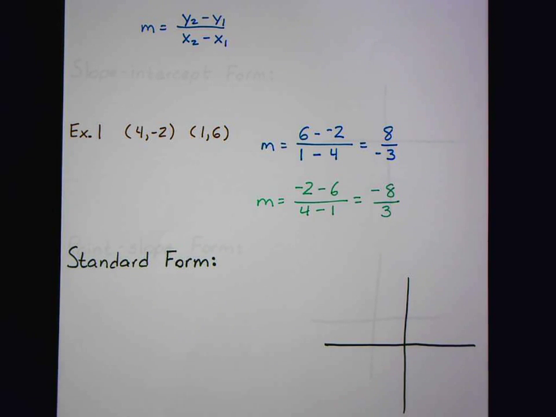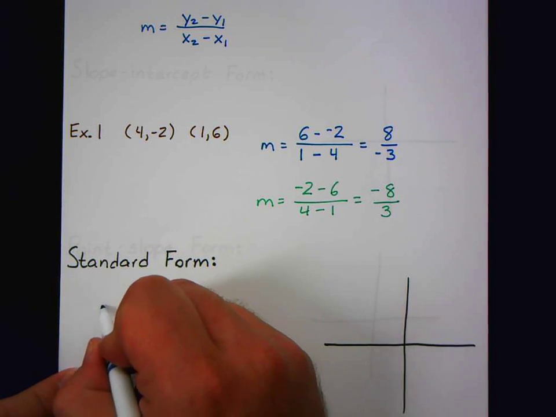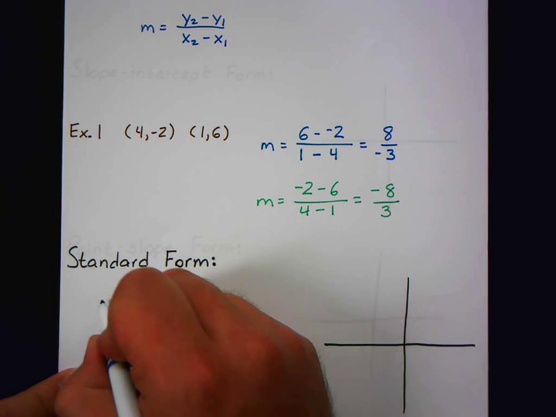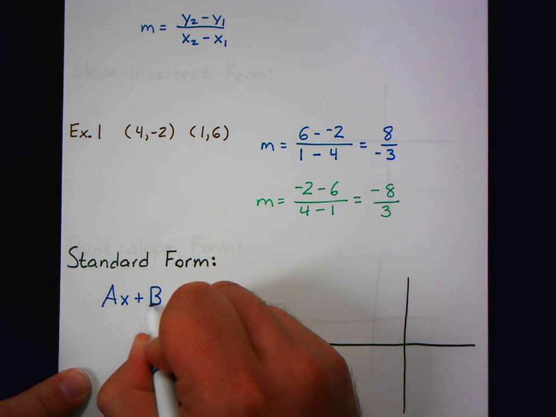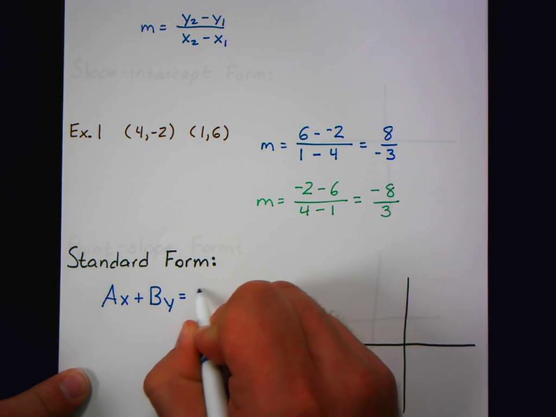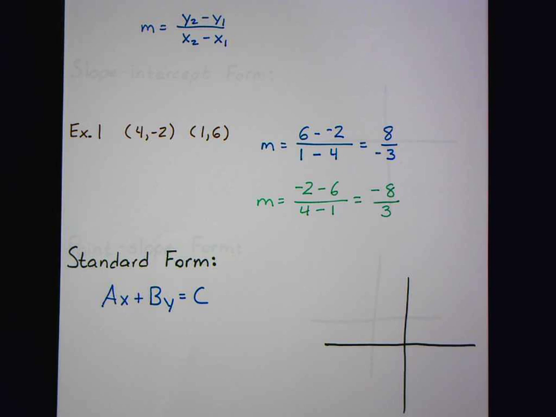I'm never going to give you 2 ordered pairs and say, find me the standard form of an equation. No. It's pointless. If you're given the standard form, I'm going to show you how to use it to graph. But beyond that, it's worthless. So that's standard form.